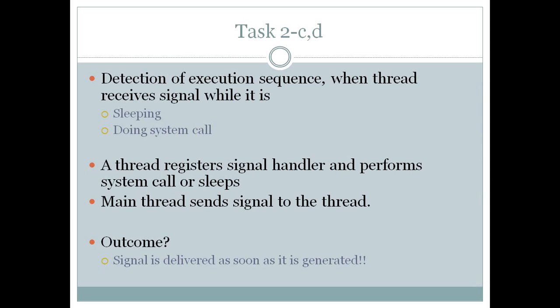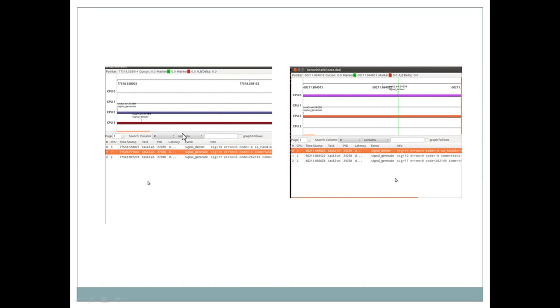In this program I created a thread that registered a signal handler and performed a system call or sleep, and I sent a signal using pthread_kill from the main thread to that thread. The outcome was that the signal was delivered in a very short time after being generated.